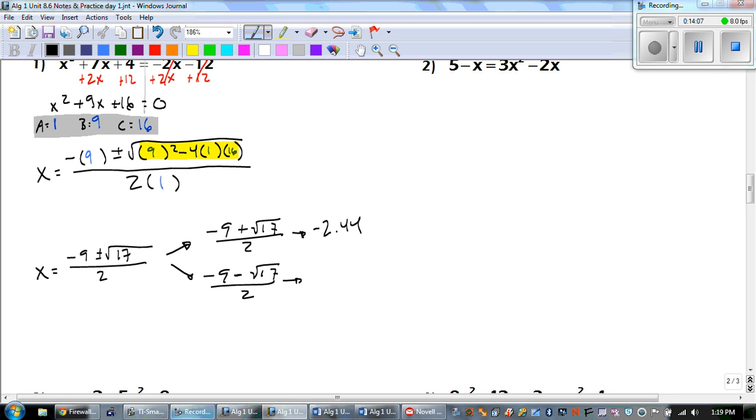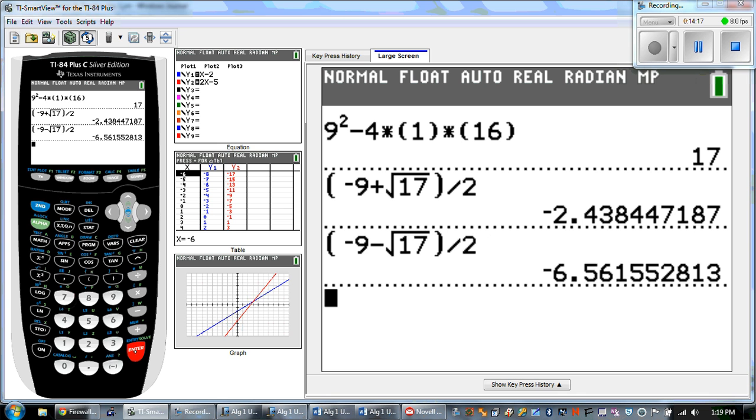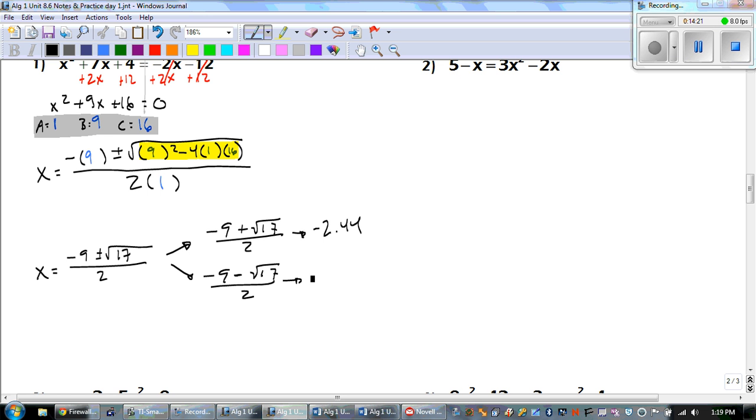And then we do it again with subtraction: negative 9 minus the square root of 17, divided by 2. And then we get negative 6.56. All right, so I'm going to write my answers in order: negative 6.56 and negative 2.44.